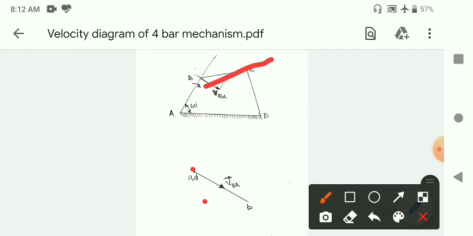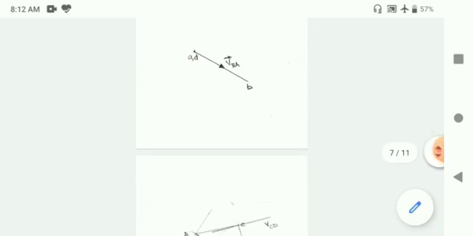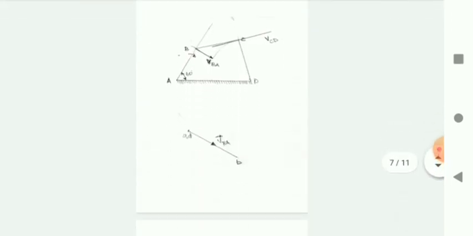From point D or AD, you draw a line parallel to this line, what you have drawn. You can extend that line on either side of point AD. Understood? You don't have to take any length. You just have to extend. So that is what I have done here.